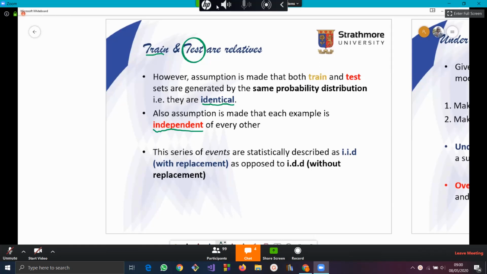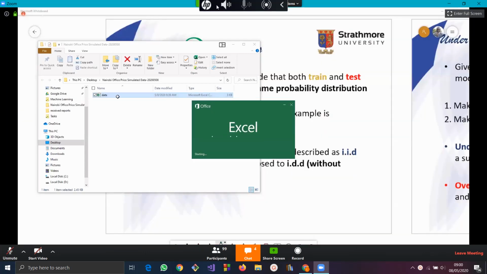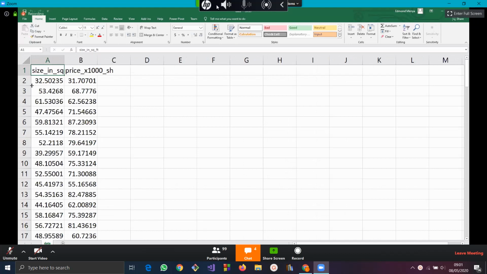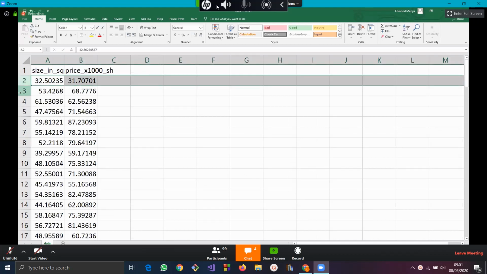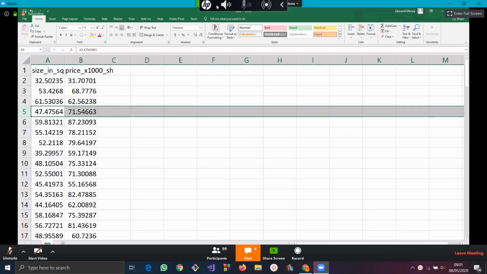So where's my data? Yeah, it's better to explain it using this one. Fine. So I can zoom in here. Each example is independent. So this is independent from that, is independent from that, and that is actually going to be important.